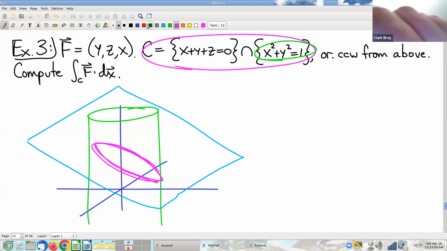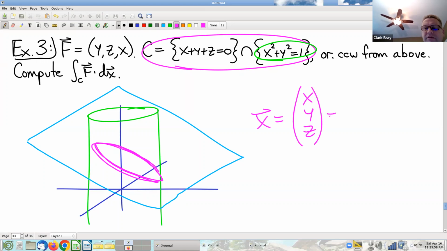As it turns out, I can write down pretty easily my parameterization, namely x, y, z, using the following tricks. The x and y coordinates come straight out of that cylinder. x squared plus y squared is 1, which is an old friend, right? So I can parameterize the x and y coordinates by just saying cosine t, sine t.